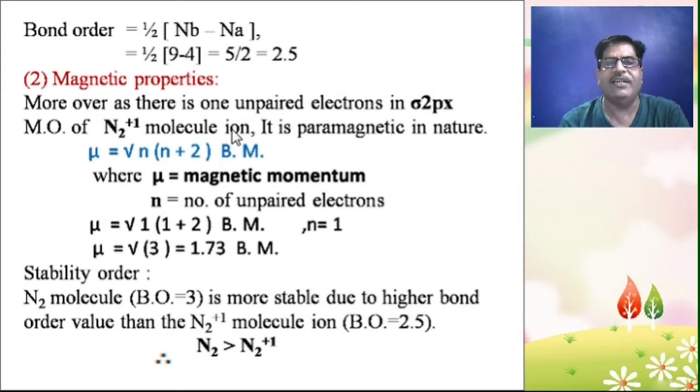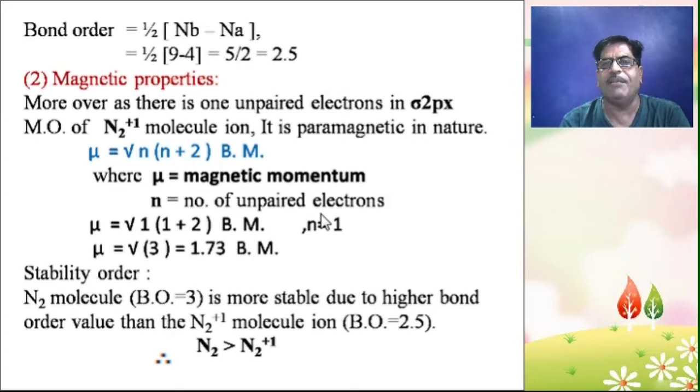Now let's see the magnetic properties of N2 plus 1. There is 1 unpaired electron in the sigma 2px MO of the N2 plus 1 molecule ion. Therefore, it is paramagnetic in nature. Since it is paramagnetic, let's calculate the magnetic moment: mu is equal to under root n into n plus 2 Bohr magneton, where mu is the magnetic moment and n is the number of unpaired electrons.